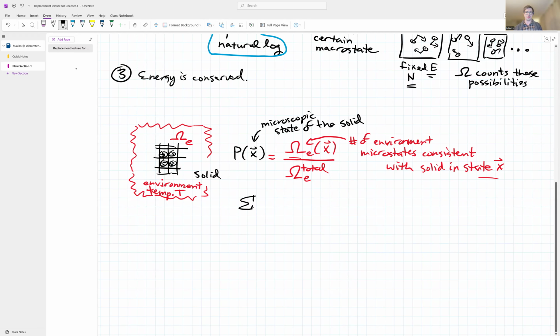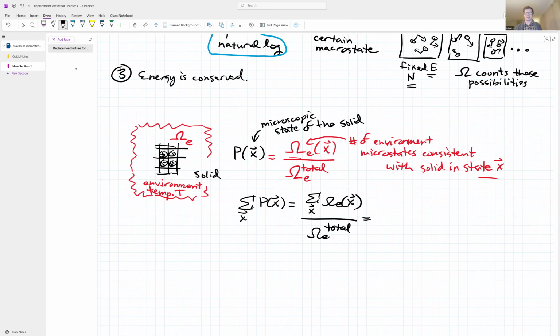If you sum over all the possible states of your solid, you will get the sum over all the possible states of the environment, and that should just be the total number. So that's how you know what the total number is. It's just the sum of all these numbers for all the different possibilities for the solid. So that's a probability distribution.